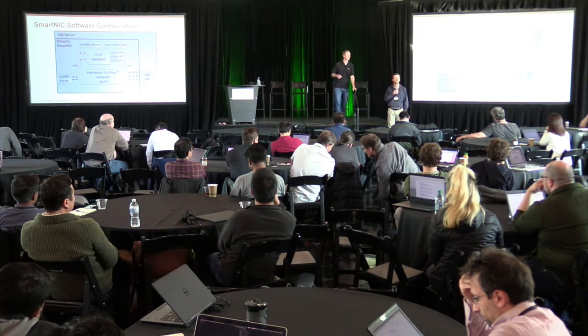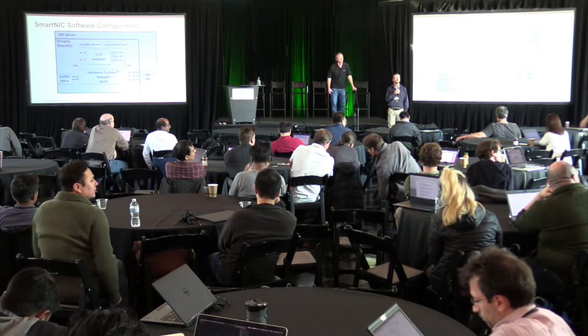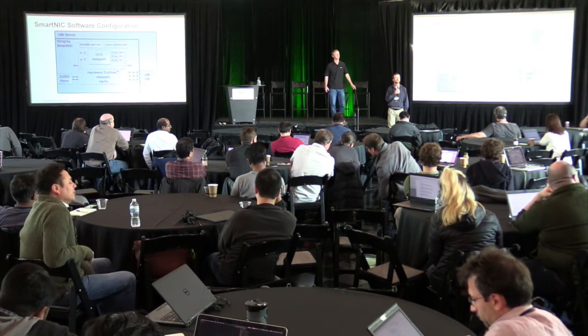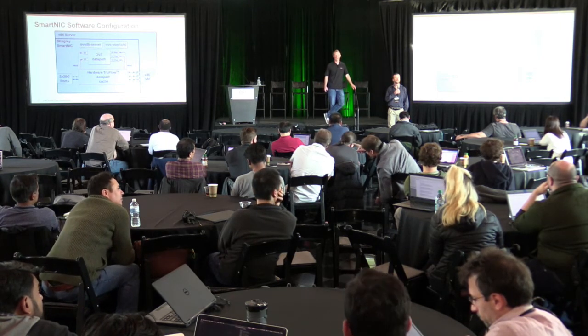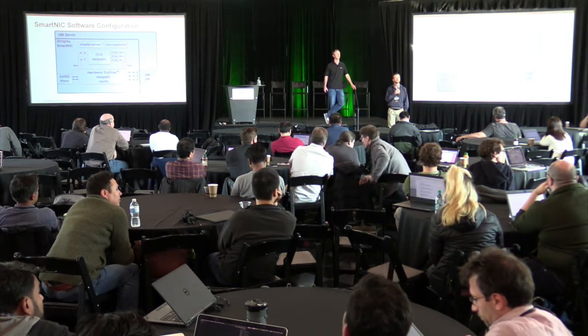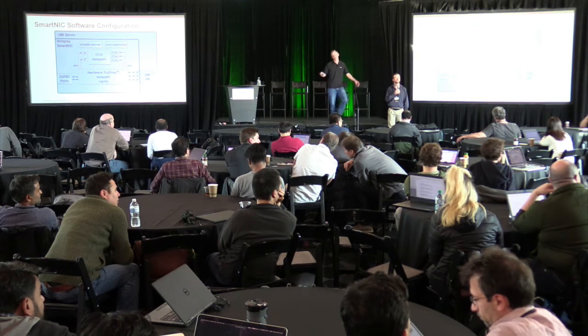Let me try again. You sound as though you have a general purpose ARM CPU. That's right. So I could run other applications on that. Absolutely. Okay. Maybe it's a third category then: the acceleration, you have offload, and general purpose NIC.